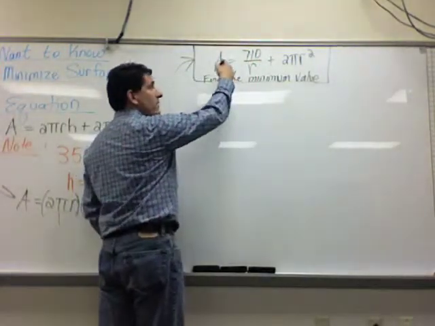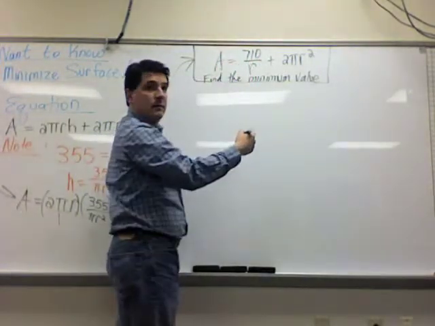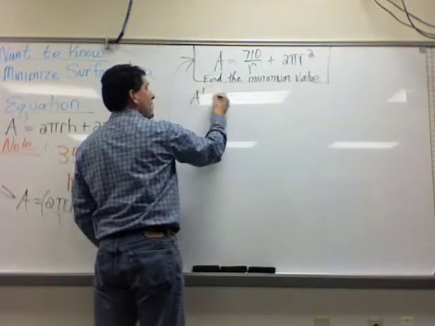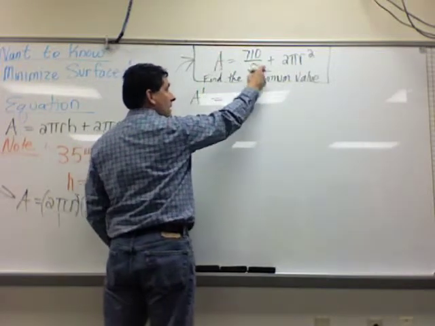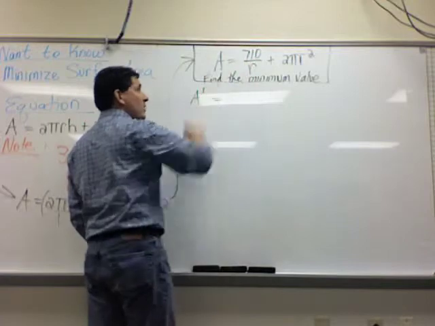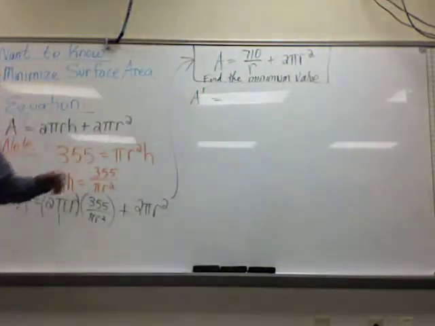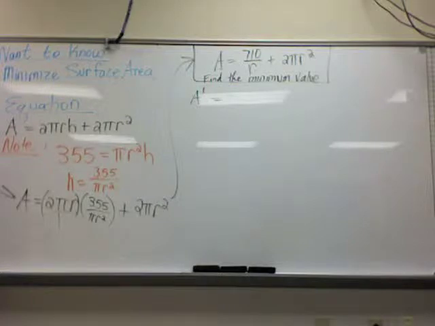Now, we're finding the derivative of A with respect to R. Okay, so I'm just going to write A prime, but we're finding dA dr. How do we find the derivative of 710 over R? We can use quotient rule, or we can use power rule. With R to what power? -1.